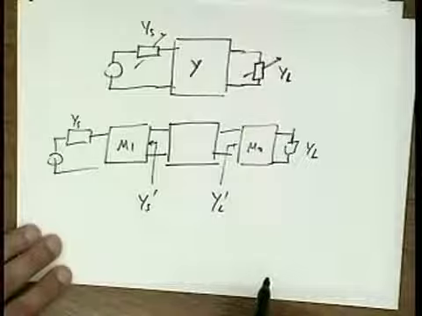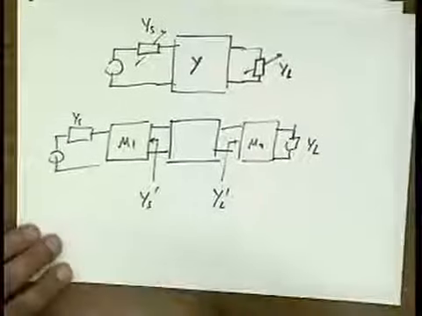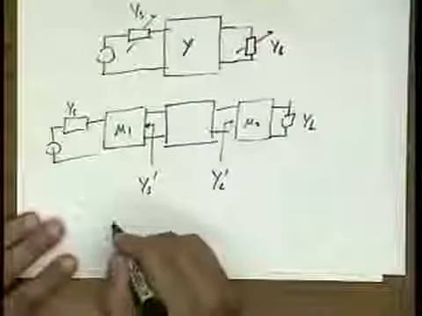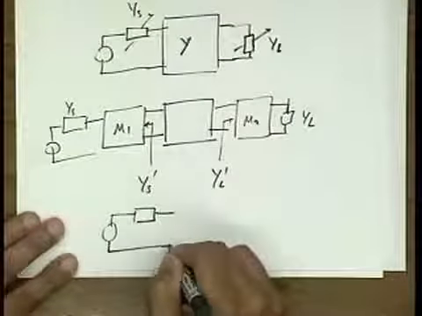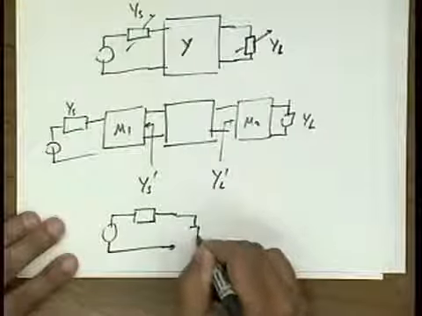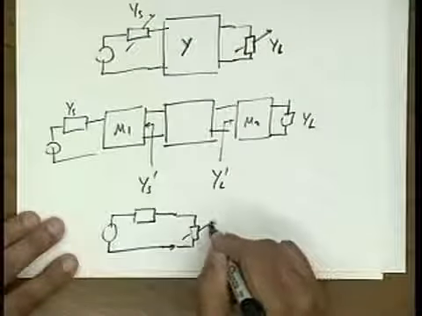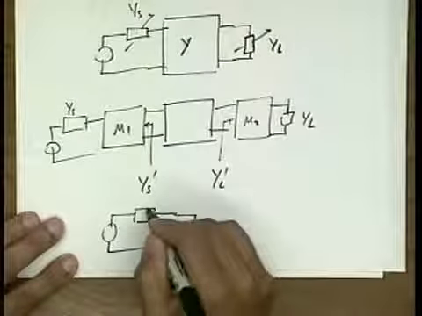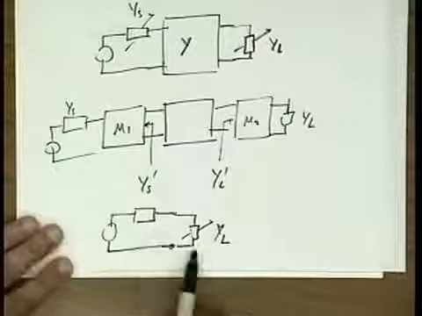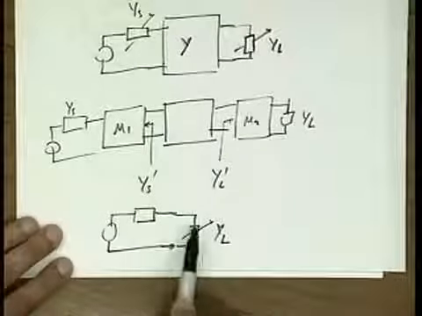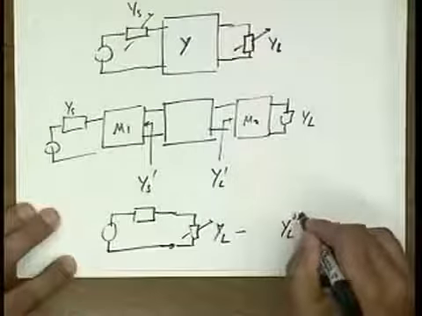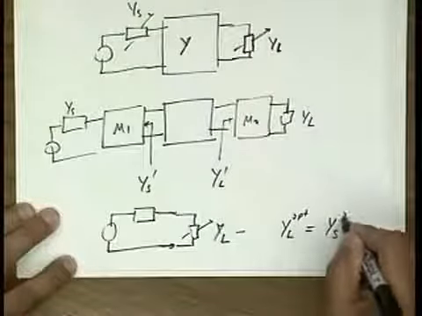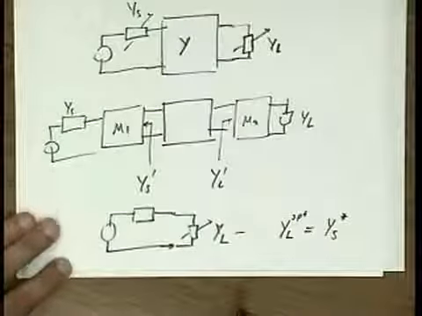Okay, is that clear? Now, if that's not clear, think back to the maximum power transfer theorem. It says I can vary my load so that I get the maximum power into this load. And we all know that that happens when, let's say, YL opt is equal to YS complex conjugate.